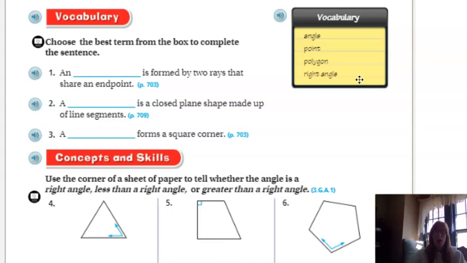So polygon would be correct. It's not a plane figure, because plane figures can have curves and be open or closed. This says a closed plane shape. And our last one is a blank forms a square corner, and we know a right angle forms a 90-degree corner.